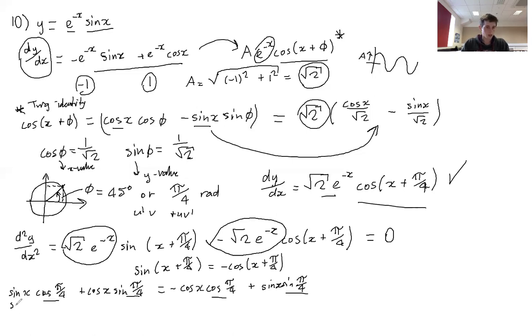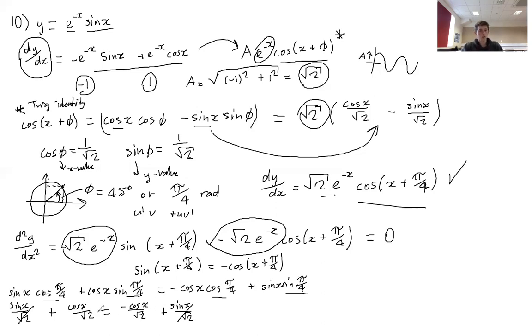So we can write sine of x on root 2 plus cosine of x on root 2 is equal to negative cosine x on root 2 plus sine of x on root 2. Now, if we pause at this stage, we can see that we've got 2 sine of x on root 2 terms, so we can just cancel them out.